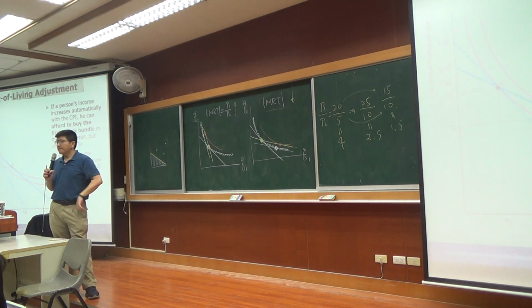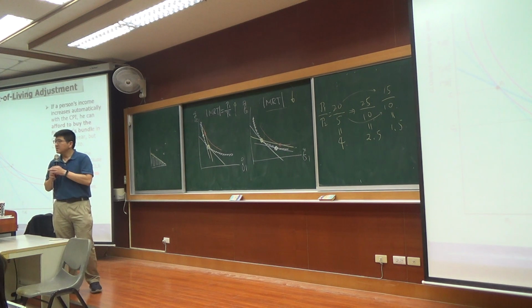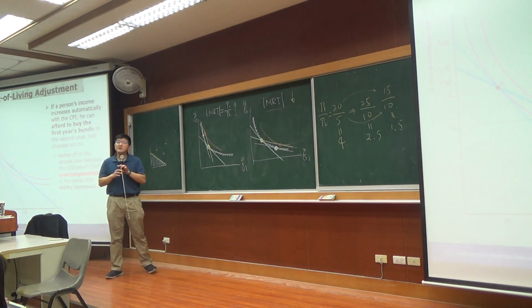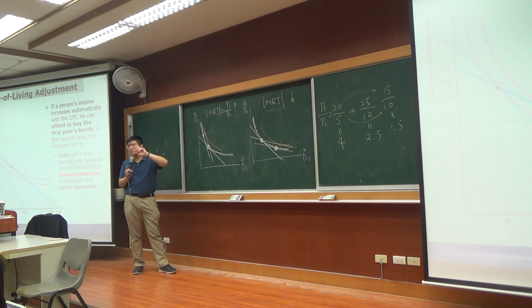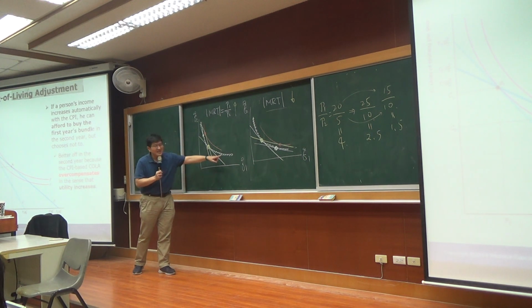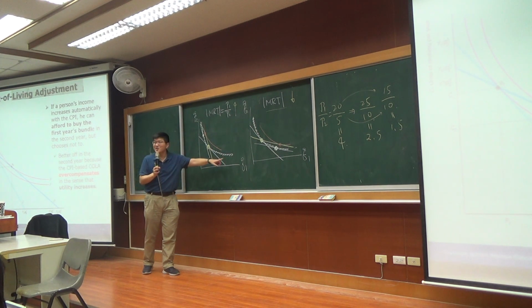Practically, in the real world, if you are the government and you want to compensate the consumer with the CPI to adjust the living standard, it's impossible to capture the precise shape of the indifference curve, right?